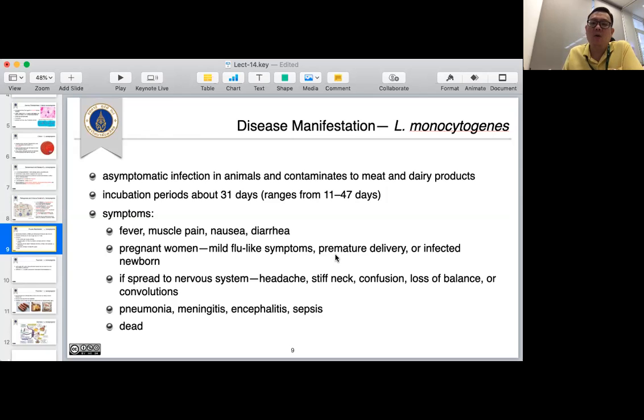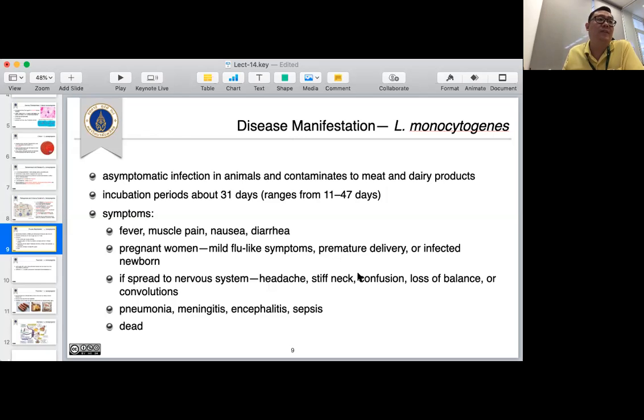Or bacteria can go to infect the newborn. That's even more serious. If they spread to the nervous system, you probably get encephalitis. That means headache, a sore headache, and stiff neck. Stiff neck means your neck is kind of stiff, you cannot move it, or bending the head is hard, not easy.